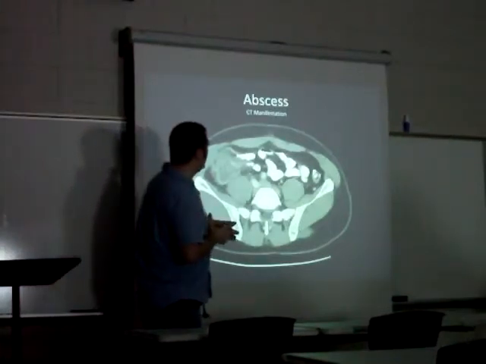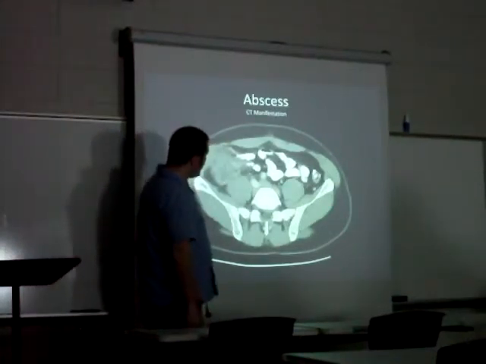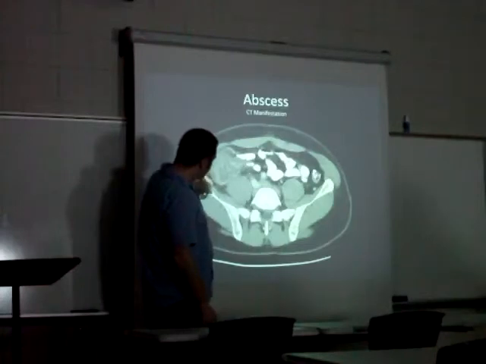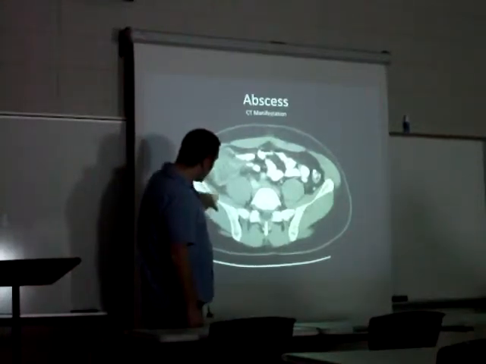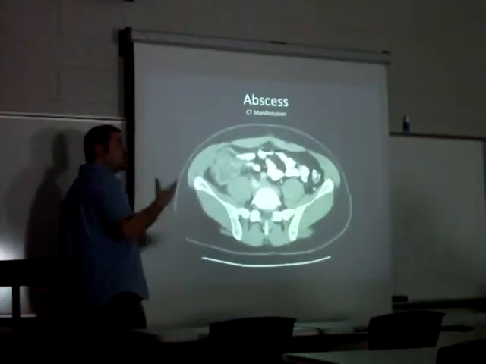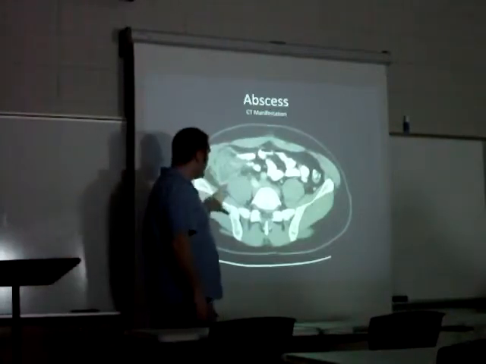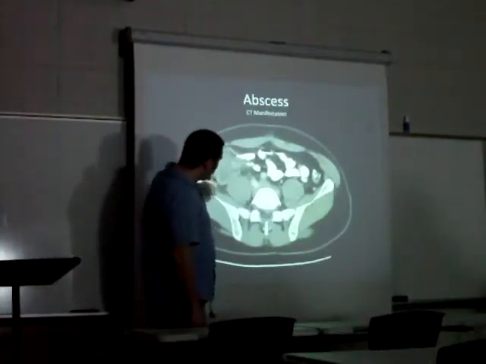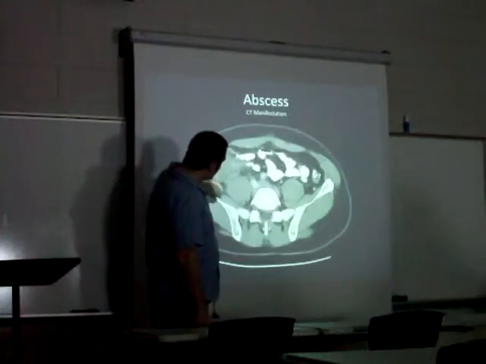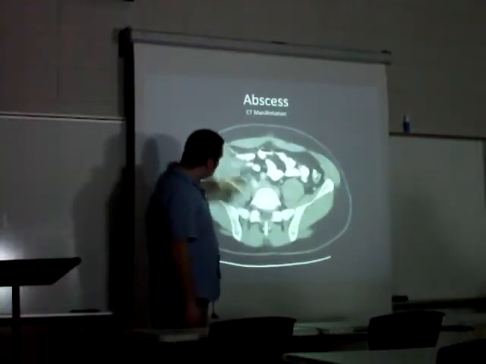But that's not really what we're focusing on. The key to an abscess generally is you see all of this stranding here. I realize that we lose a lot of definition by going with this projector, but when you get home, also look at the stranding here. You see a wall here, and that's the encapsulated wall.